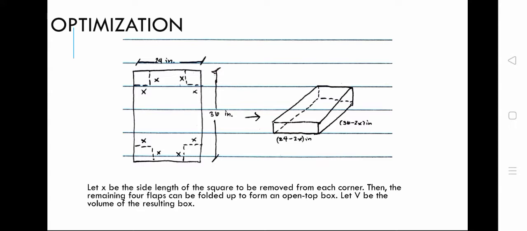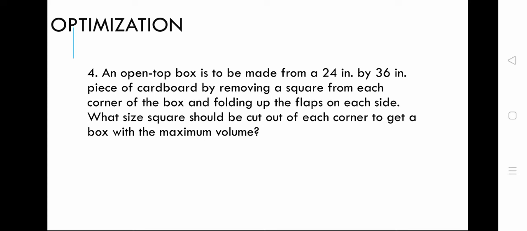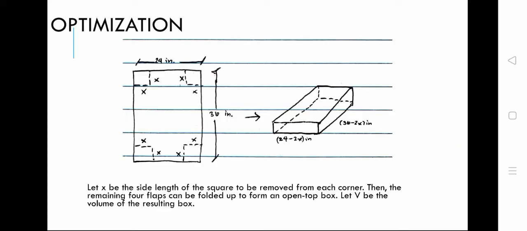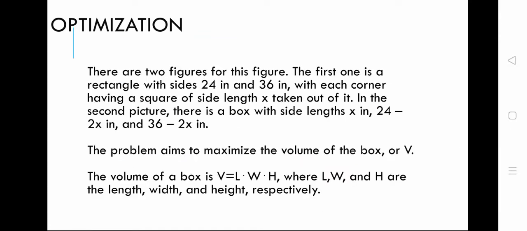So, if 24 inches ang width and 36 inches ang height, magkakaroon tayo ng length sa box na 36 minus 2x kasi dalawang x yun, and the width that is equal to 24 minus 2x inches.